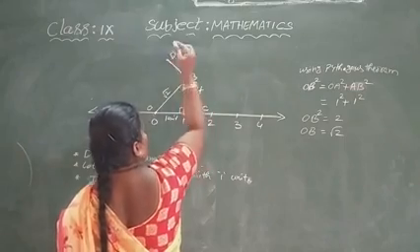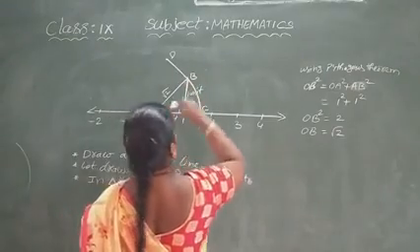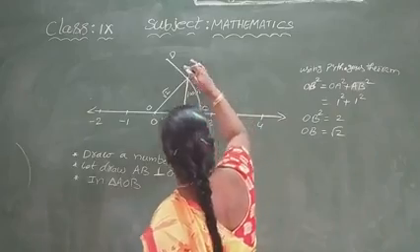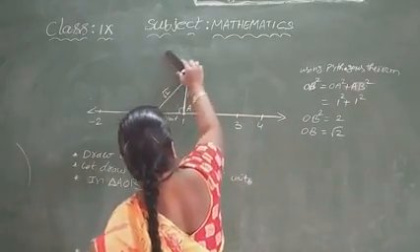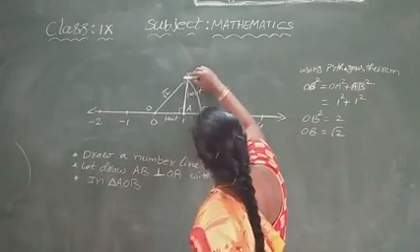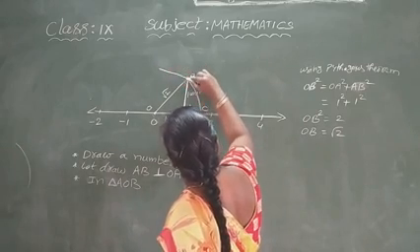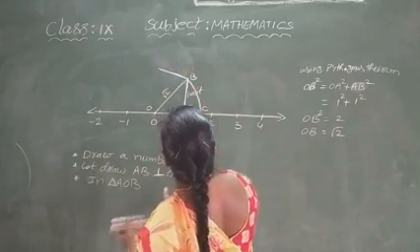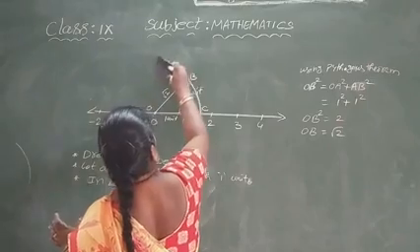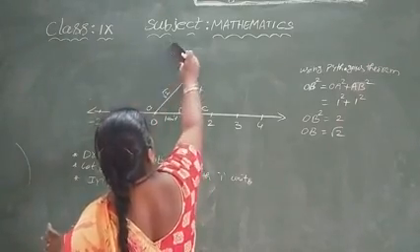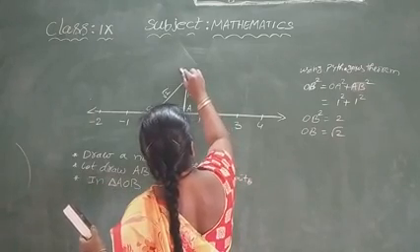This is D. Perpendicular line of AB. OB, perpendicular line of OB.